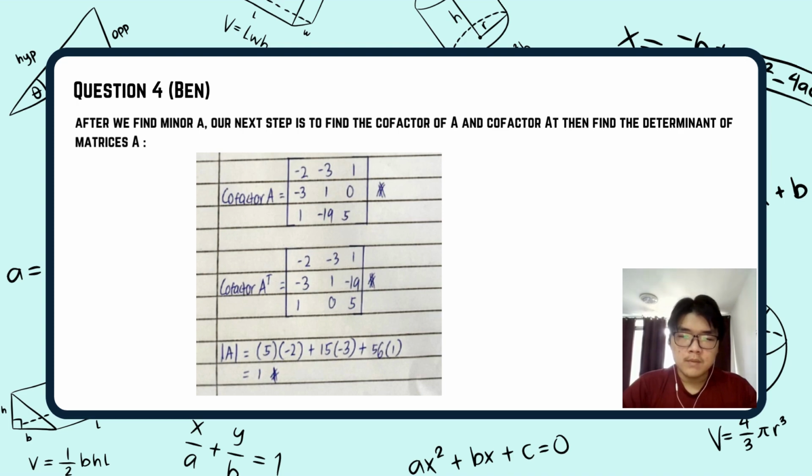For our A11, it is 5. Then our C11 is negative 2, which is our cofactor. Then plus our A12 times C12, then plus A13, which is 36, times C13, which is positive 1. So our determinant is 1. That is how we got our determinant.